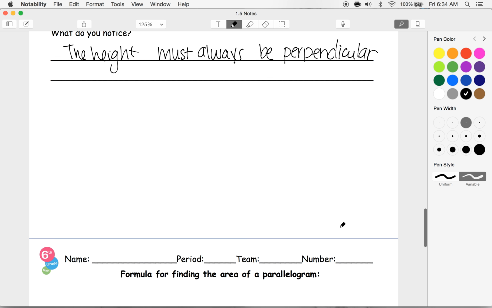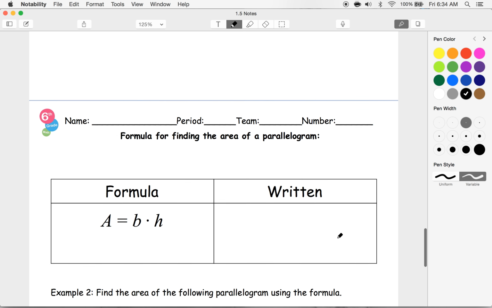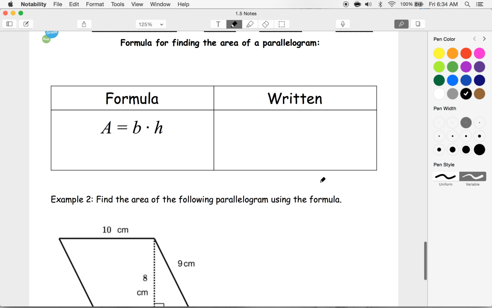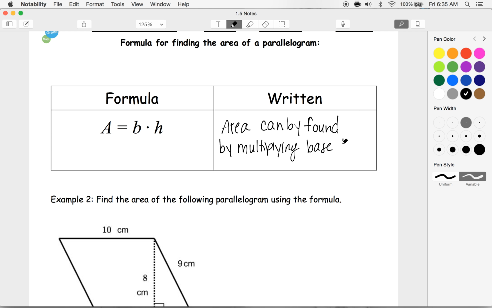All right, so my area for finding a parallelogram can be found by multiplying base times height.